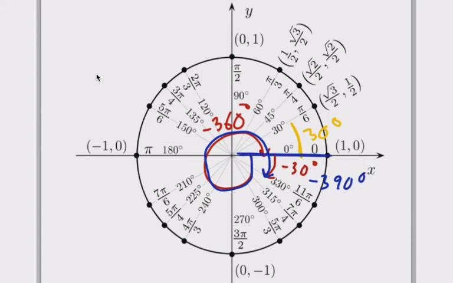So if I start right here, I swing around this blue, I end up with the same point that's represented with 11 pi over 6, or 330. Now finding the coordinates of that point, using the symmetries of the unit circle, it looks a lot like this point. The only thing that's different is that the y, instead of being positive, should be negative since I'm going down. So this is root 3 over 2, and then a negative half.